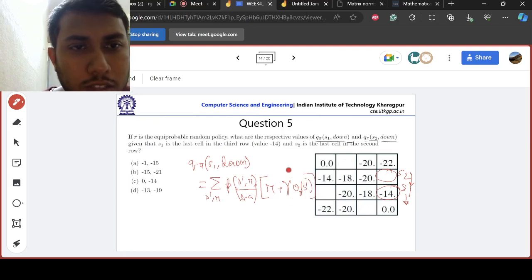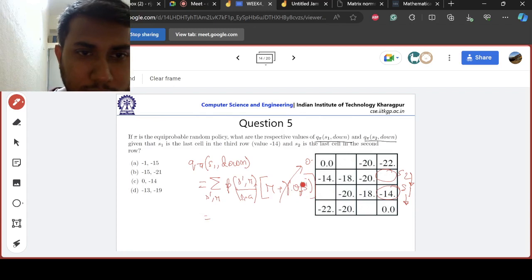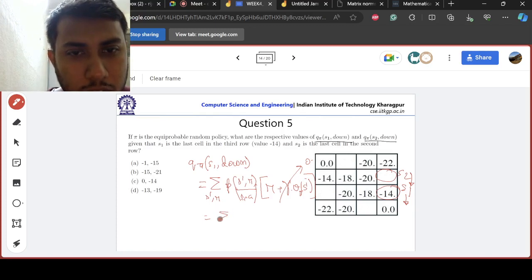Again gamma is 0, so ultimately this becomes only this part, the summation over s dash, r of p times r.